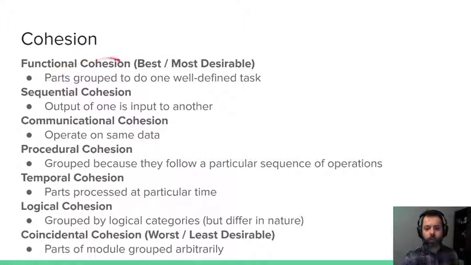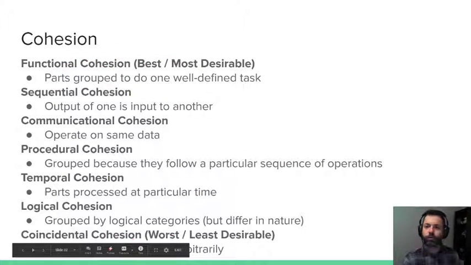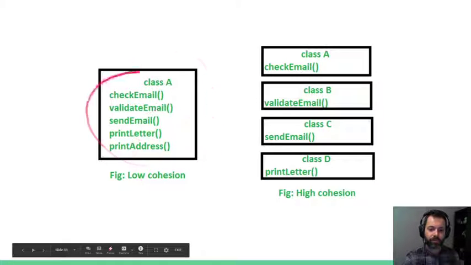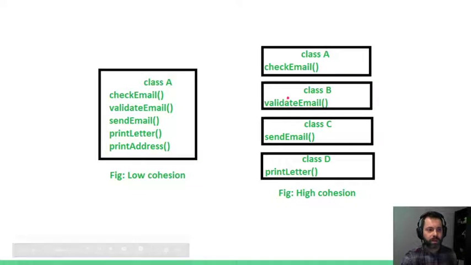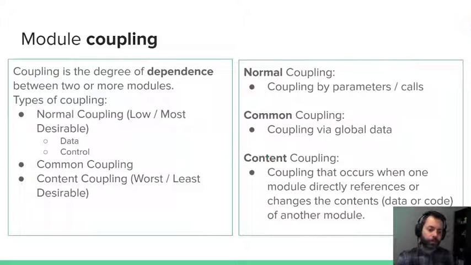Functional would be your most desirable, coincidental, your least desirable. So here we have coincidental. Here, if it were me, I'd probably say this is even going a little bit overboard, because I would almost group email together in a class. Maybe subclass out sending and validating, things like that, but the point is break things apart.